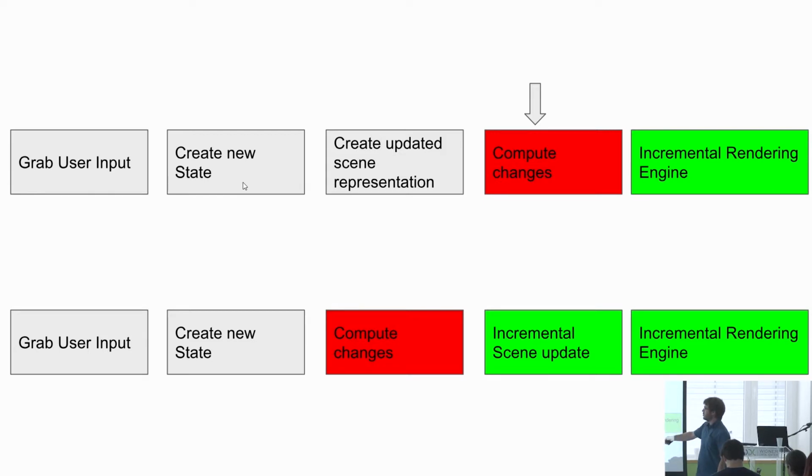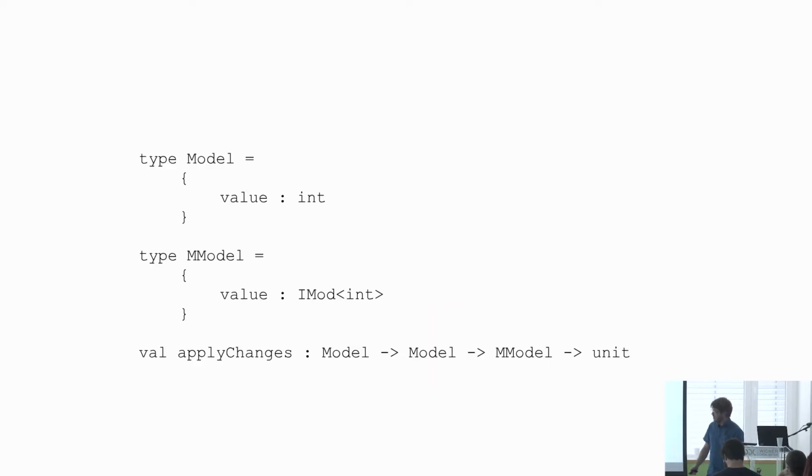And then we have those compute changes on a relatively small state, because the application state typically consists of, in a game, characters, level, and stuff like this. But the scene representation contains all little objects within the scene. So here we're in a better state. And how can we do this?